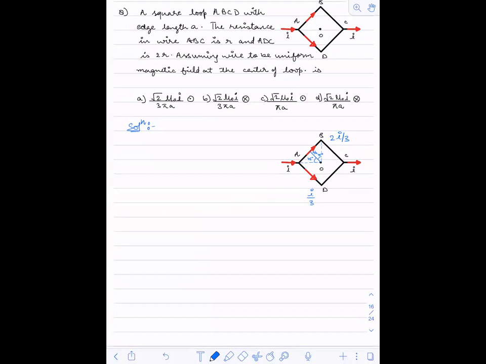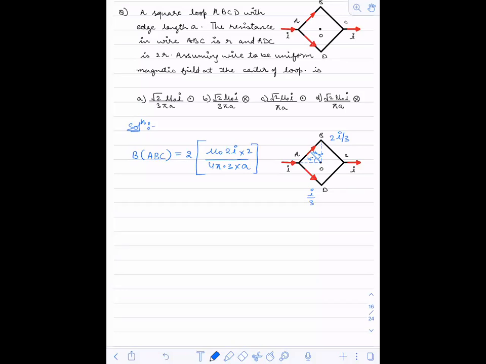Now everything is calculated. I'll calculate the field due to one wire and then multiply by 2. Just see here. The magnetic field due to ABC will be two times mu naught upon 4 pi into 2I by 3 into length, where length is A by 2, so A into 2.